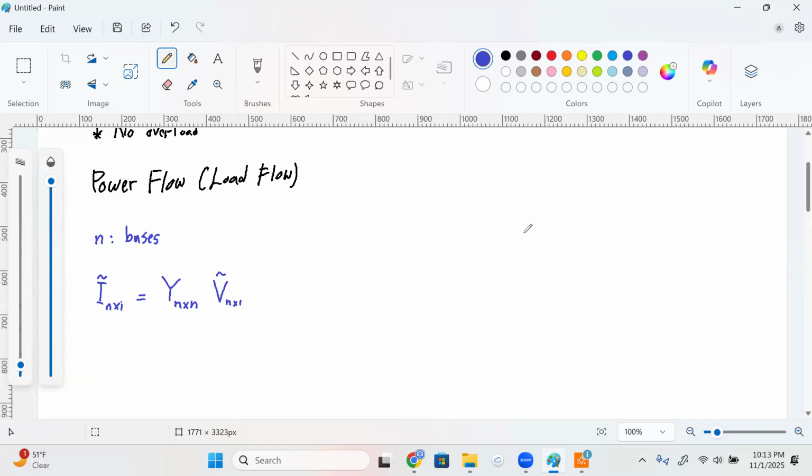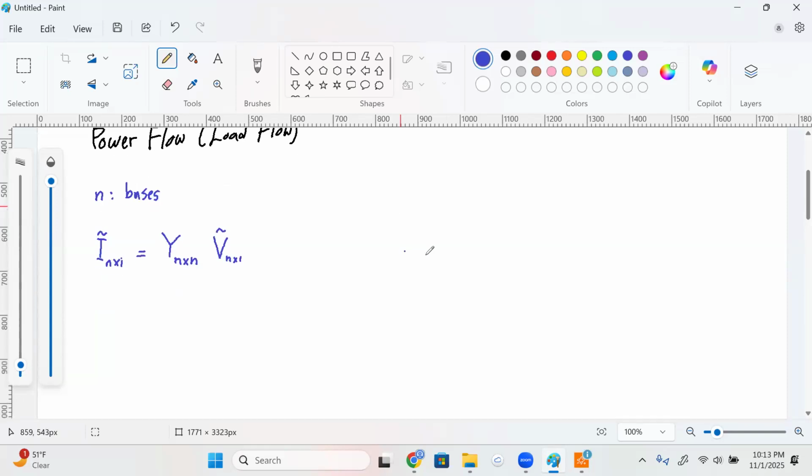I have n buses, so n voltages, hence it's an n by 1 vector. Notice again here, I'm using tilde on top of current and voltage in order to remind myself that these are phasors.